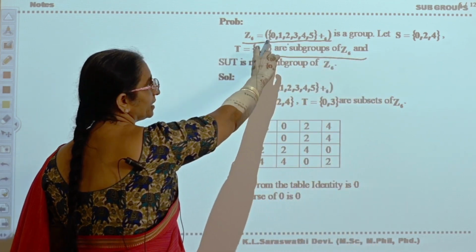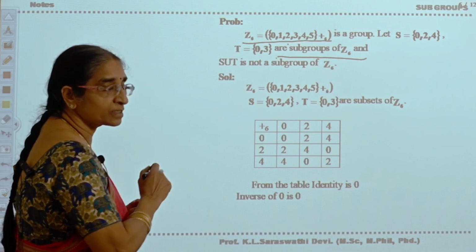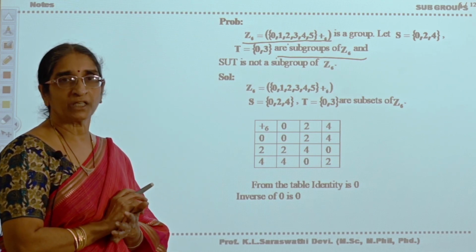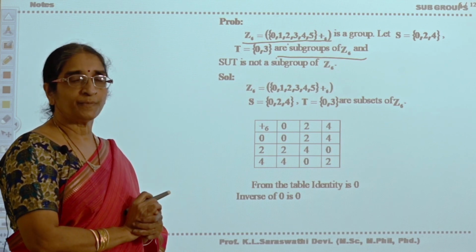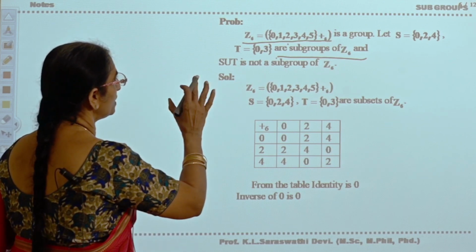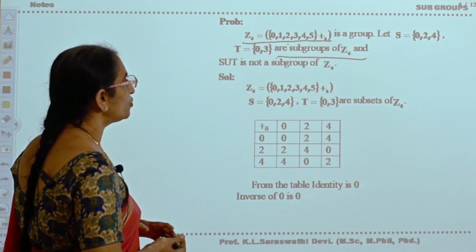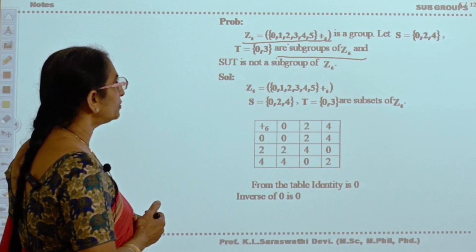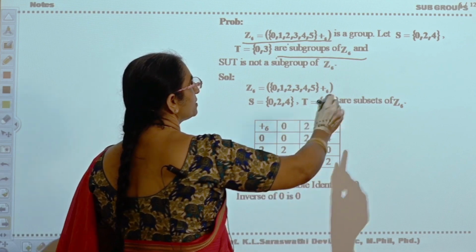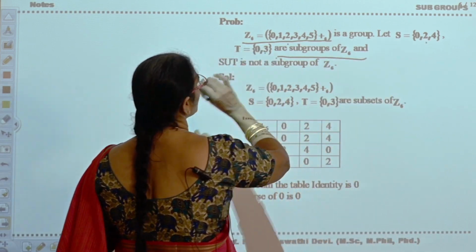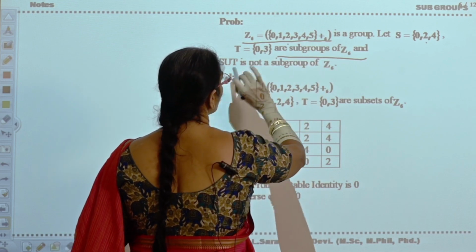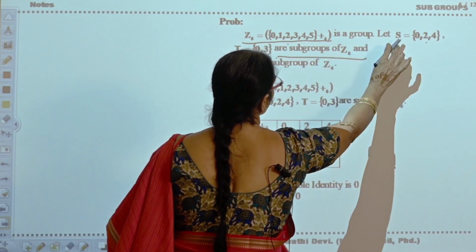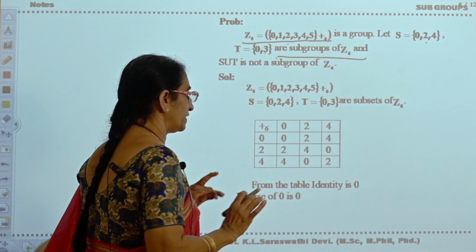I have given the composition table for Z6 under addition modulo and multiplication modulo in a video, where I proved it is a group. Z6 is a group with respect to addition modulo 6. Now, take the subsets S is 0, 2, 4 and T is 0, 3. These are two subsets of this. With respect to addition modulo 6, whether these two are subgroups or not, we will see.